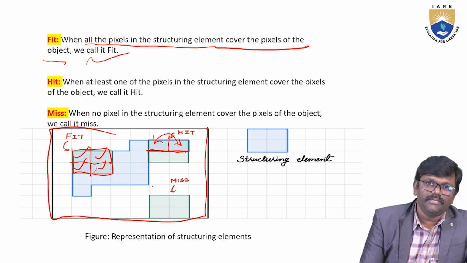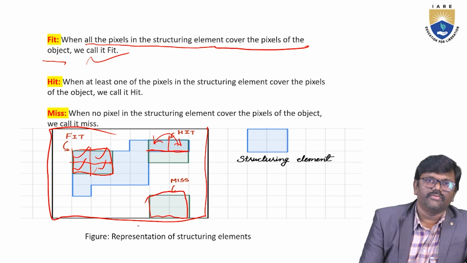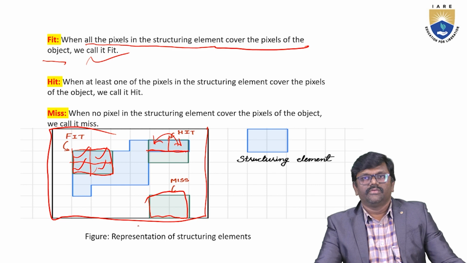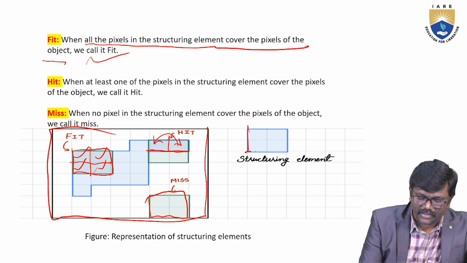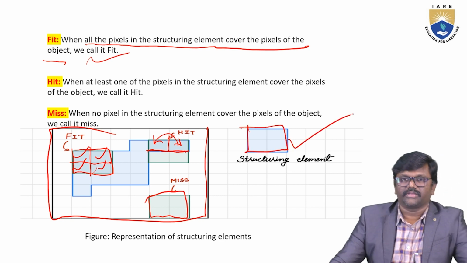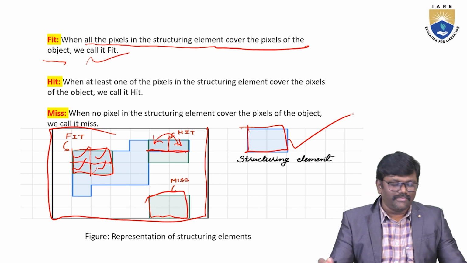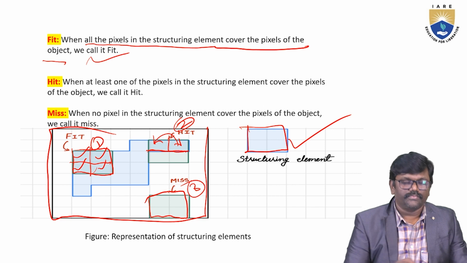What do you mean by miss? Here nothing is there. Nothing. You are missing. So there are no neighbor pixels which we want to compare. This is the structuring element, one structuring element. So we understood from fit to hit and miss.